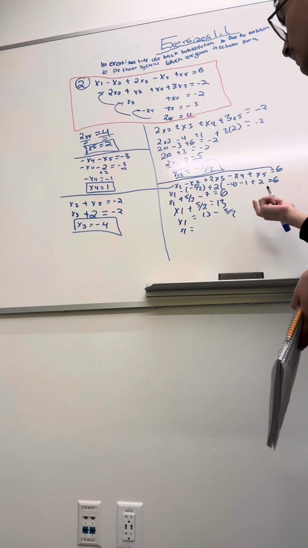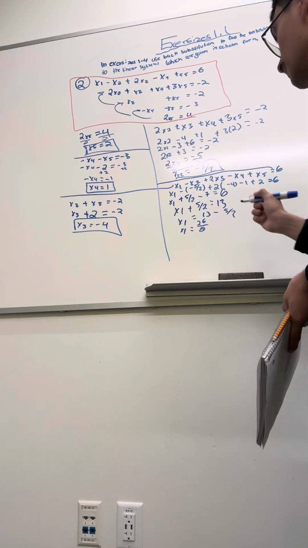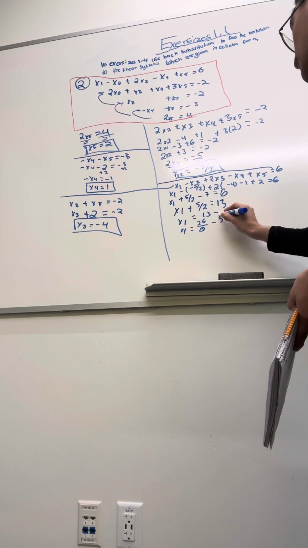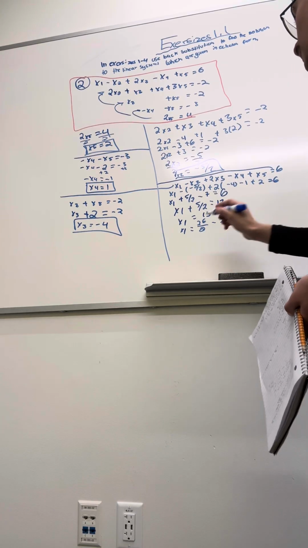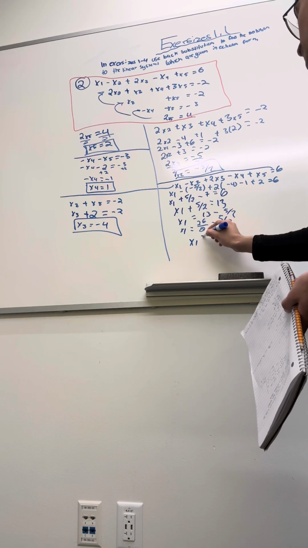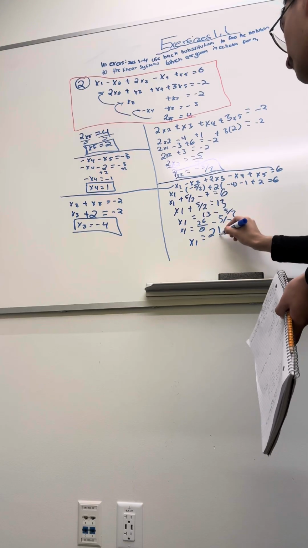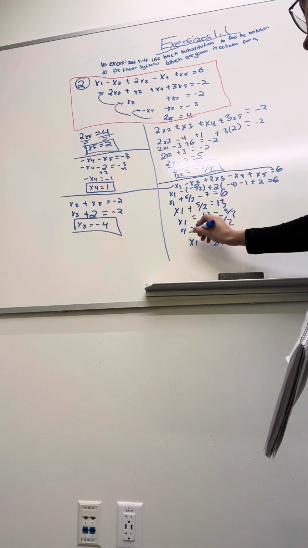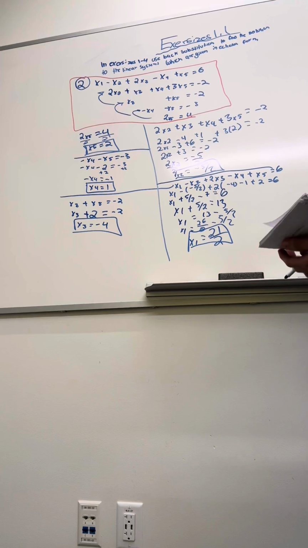So 13 times 2 is going to be 26, that way we have a 2 in the denominator and it's easy to subtract 5 over 2. Now we subtract the numerators, so 26 minus 5 is 21, and we keep the denominator the same, 21 over 2. And that is going to be our last solution. So we have found all the terms we need to find.